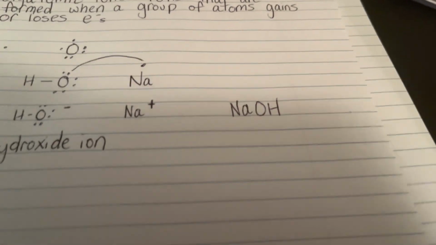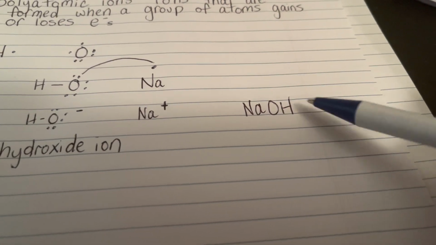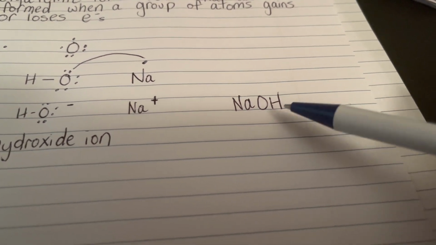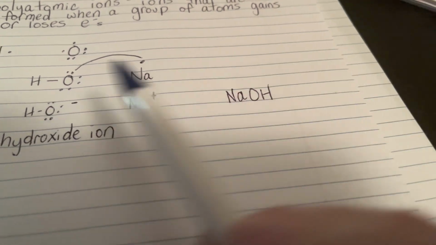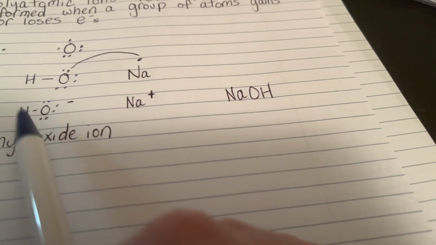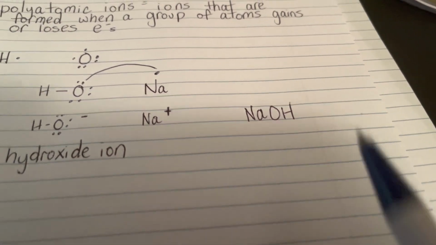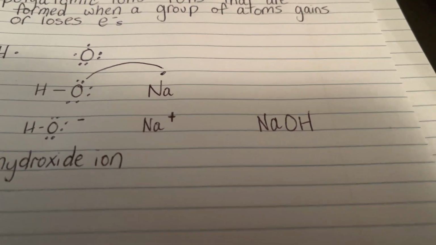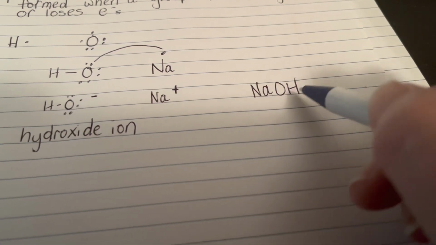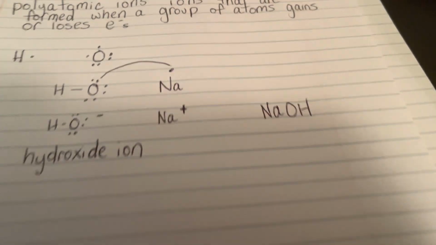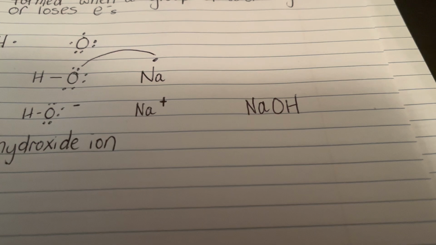And you have to keep the oxygen and the hydrogen, the hydroxide, together, because they are connected with a covalent bond, and so they have to be next to each other when you're writing the chemical formula. It's not going to be hydrogen over here, sodium over here. This is your polyatomic ion, and it needs to be kept together.